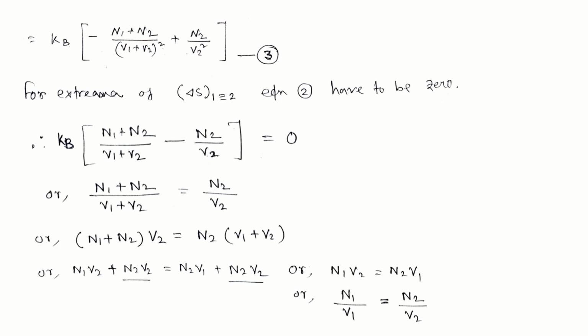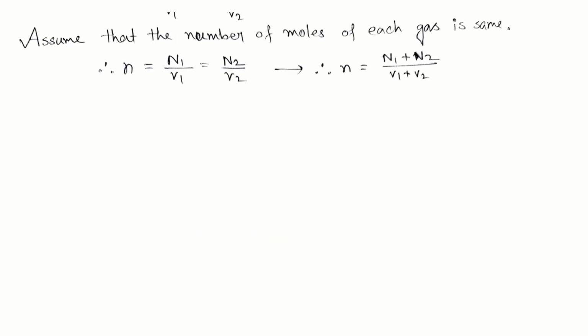This is basically the number density, so let's call it n. From here we can write n is N1 by V1 equal to N2 by V2. We can also write n is N1 plus N2 by V1 plus V2. We will apply it in the second derivative, so that we can check from the sign whether it is a maximum or minimum.